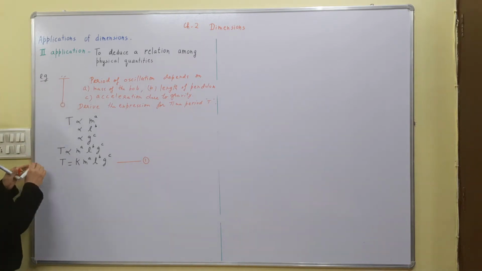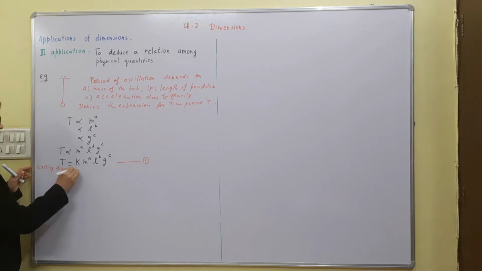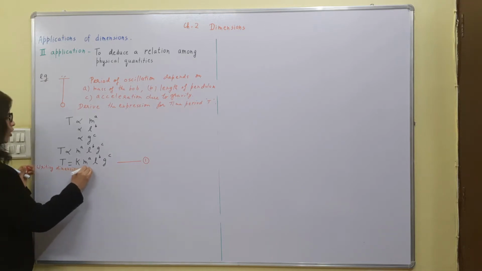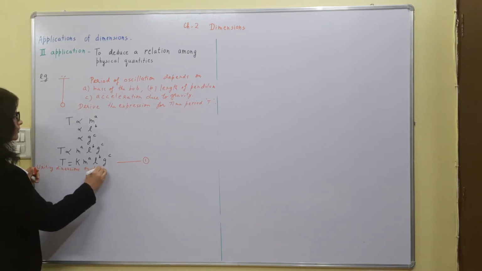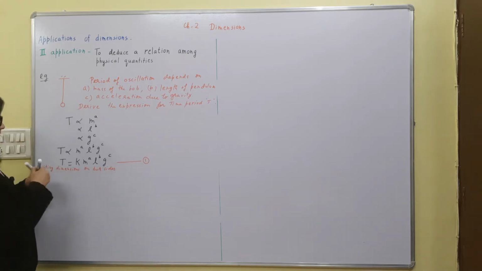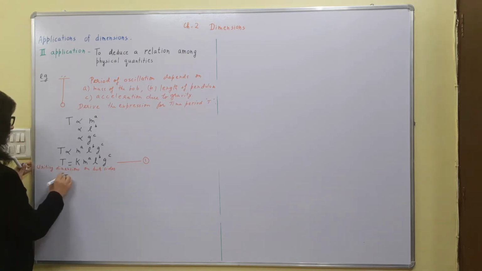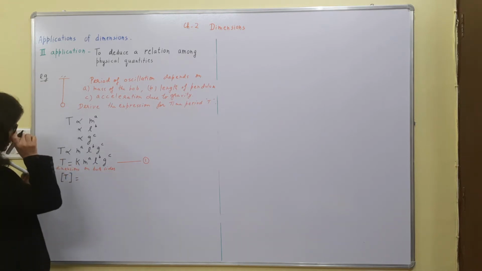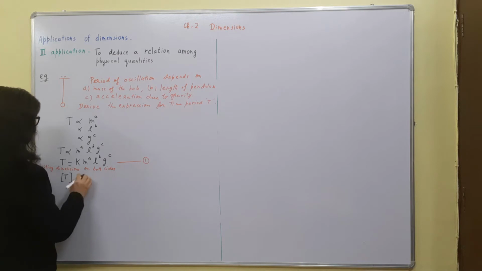And in this equation, the next step is writing dimensions on both sides. So for time period, the dimension is T. For constant, there is no dimension, right?